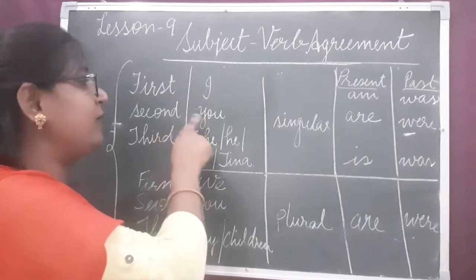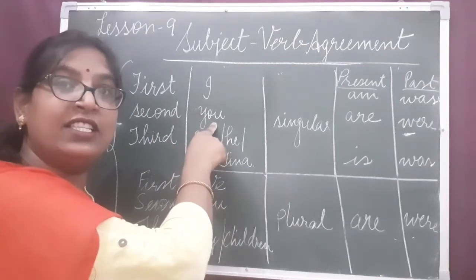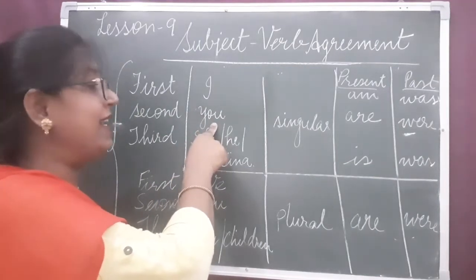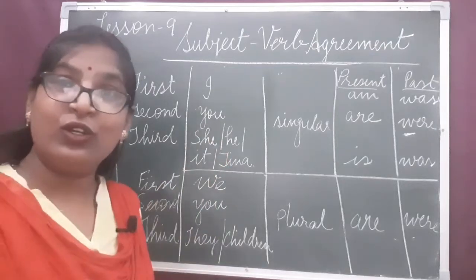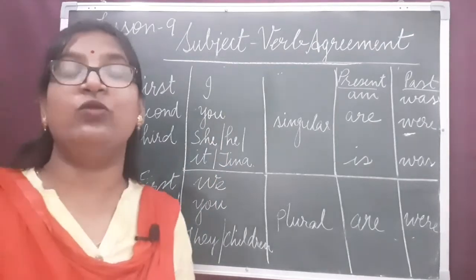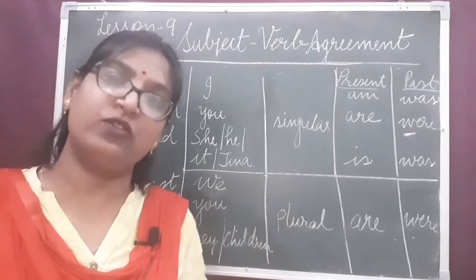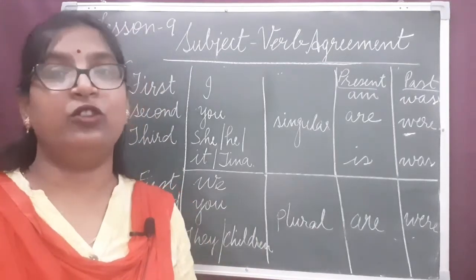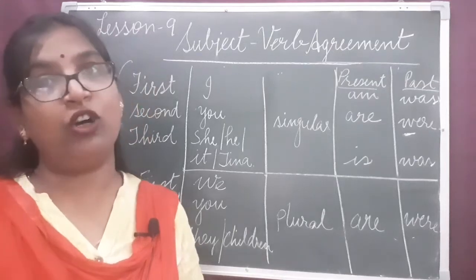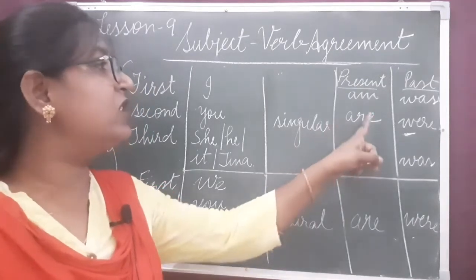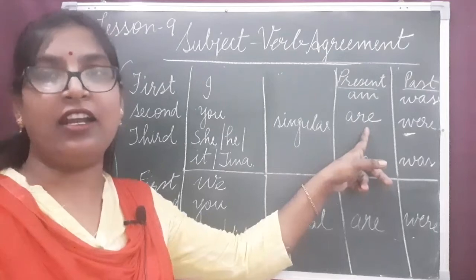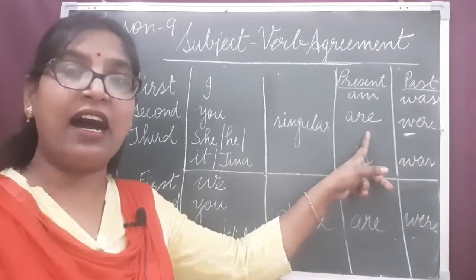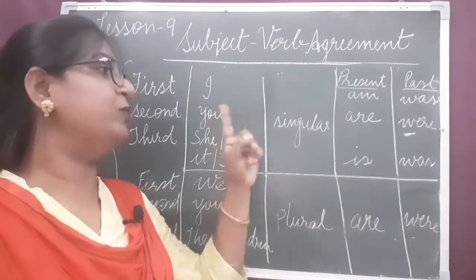You, second person pronoun is you. And dear children, we know that the pronoun you we use for singular as well as for plural both. And for both, whether it is used as singular or plural, we always use the form of be verb, that is are, with you.